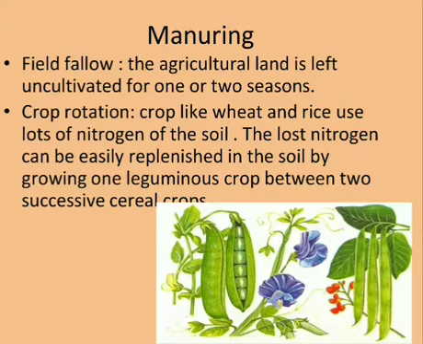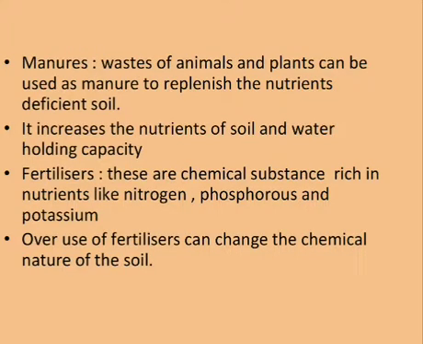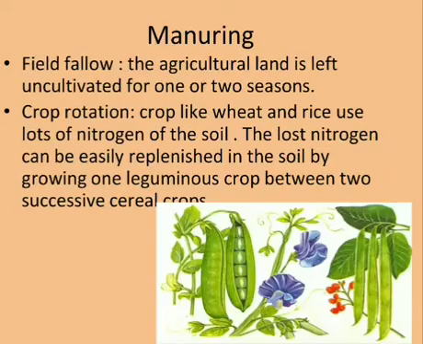Some of the methods are field fallow, crop rotation, manure, fertilizer to increase the nutrients of the soil. In field fallow, the agricultural field is left uncultivated for one or more seasons.